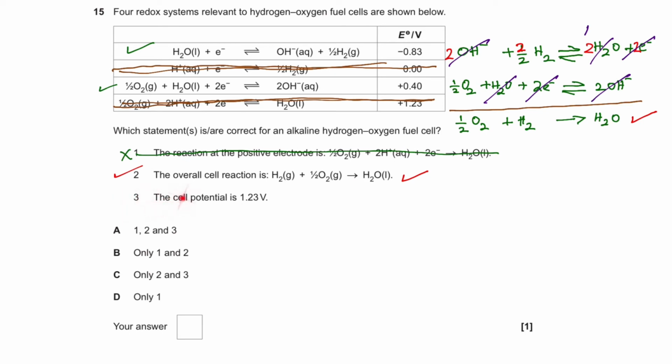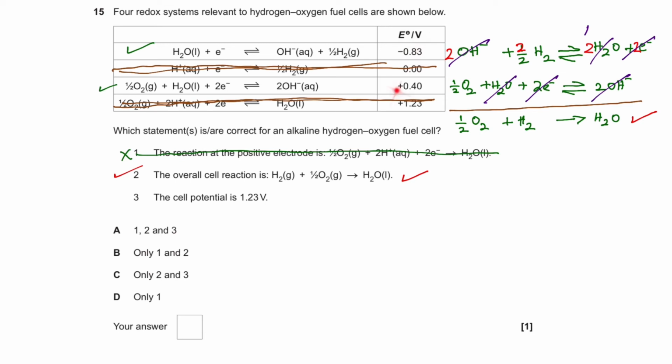That says the potential is 1.23 volts, so what we now need to do is add that potential to that one. Remember, this is now reversed. You don't need to multiply by 2 just because you multiplied those by 2. You use the same potential.